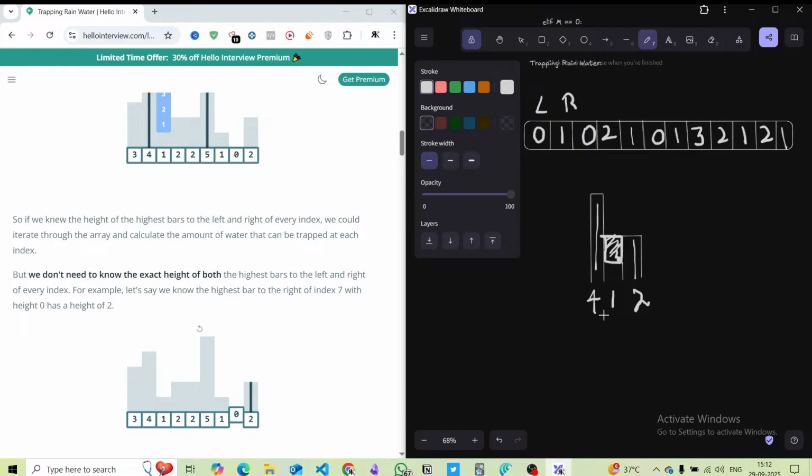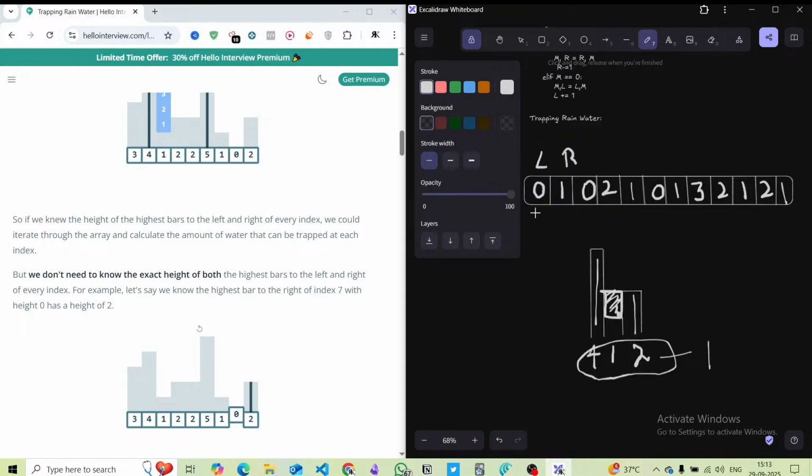So we need to subtract all these numbers to get this one, because the amount of water stored is one. To know how much water is stored in this part of the container, we must subtract all these numbers, so we get 4 minus 3, 3 minus 2 is 1, and so on.